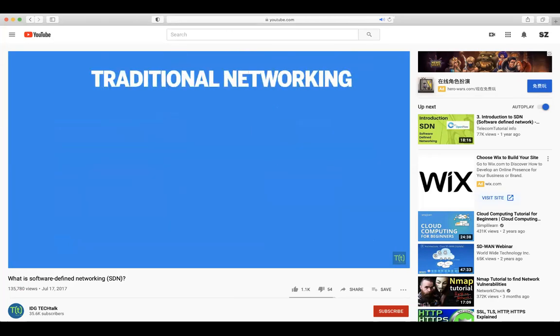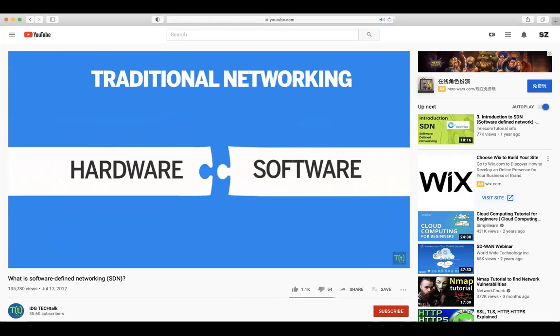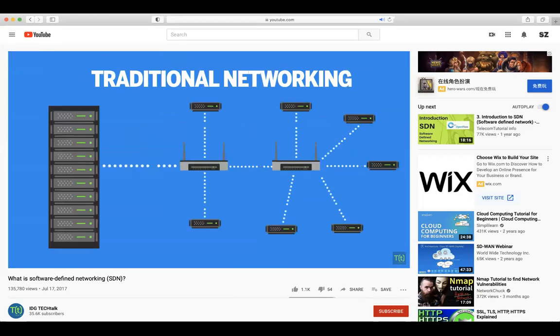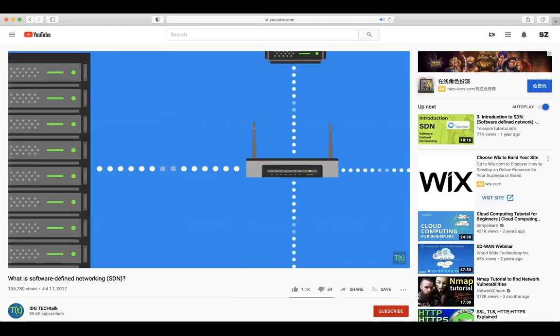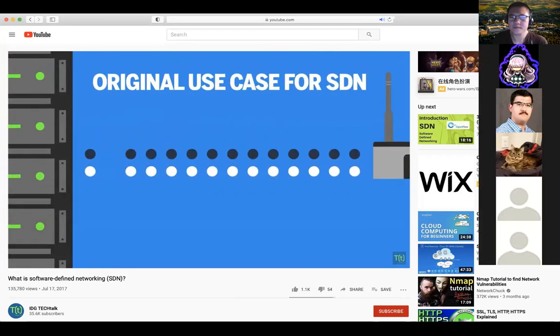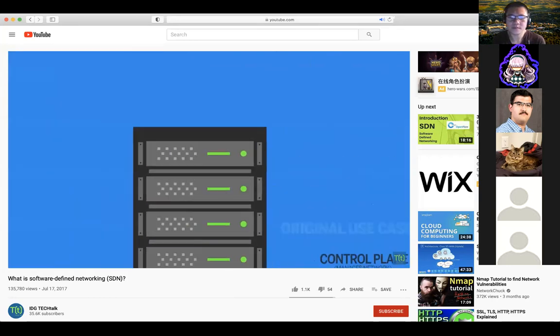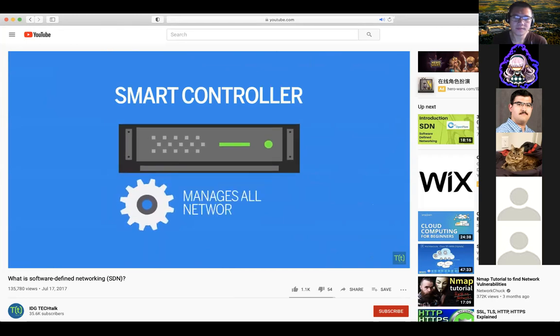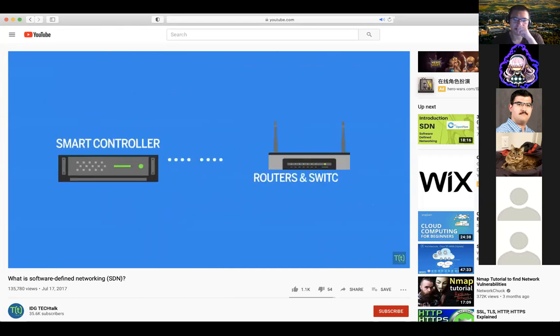Traditional networking uses integrated hardware and software to direct traffic across a series of routers and switches. The original use case for SDN was to virtualize the network by separating the control plane that manages the network from the data plane where traffic flows. There is a smart controller running specialized software that manages all network traffic in the data center, and a series of routers and switches that forward packets of traffic.